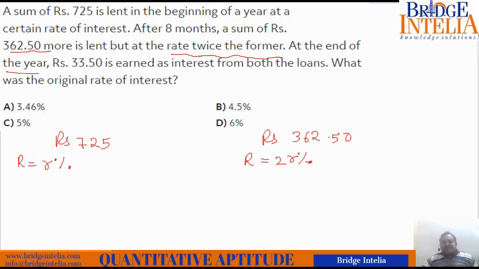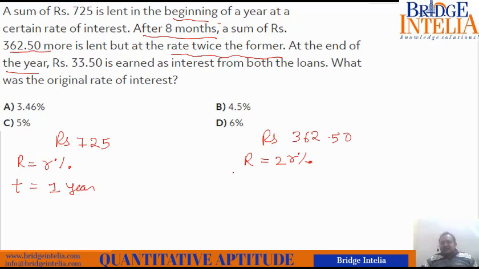please understand, this amount was lent at the beginning of the year. So this money was deposited for the entire 12 months, 1 year. Whereas this amount was deposited after 8 months, and you are calculating interest at the end of the year.